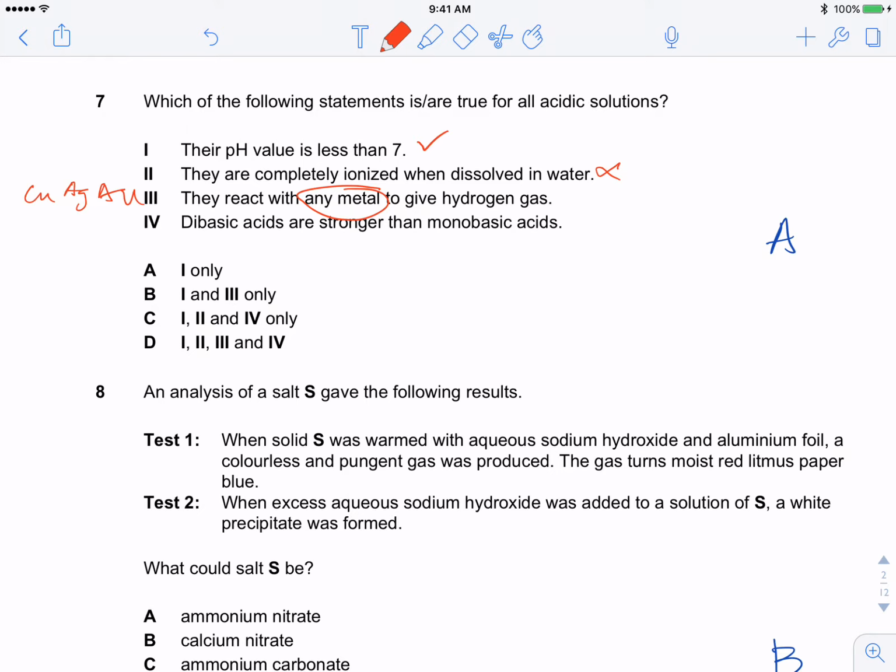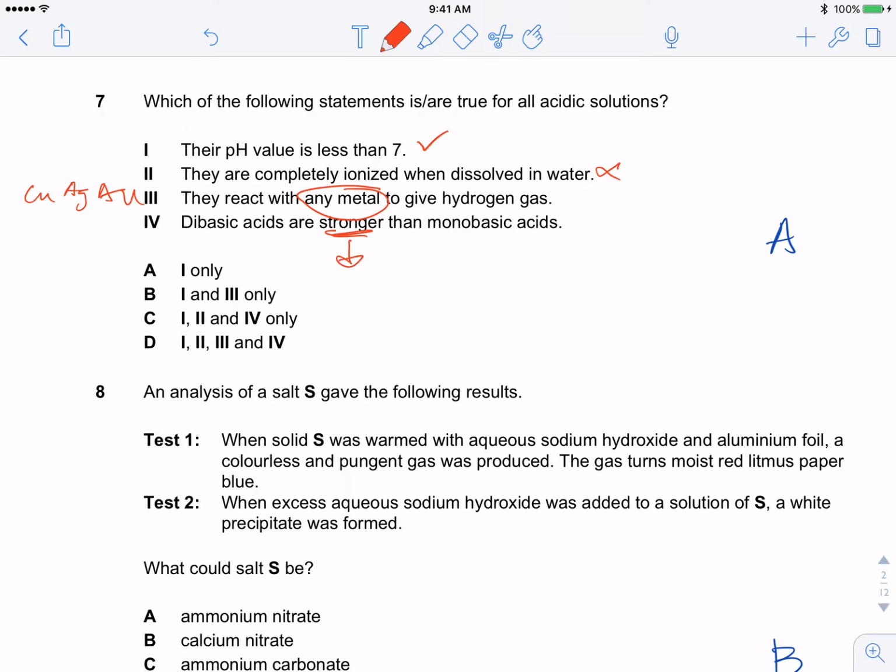4. Dibasic acids are stronger than monobasic acids. Now, the basicity of the acid does not affect the strength of the acid. Okay, again, the basicity of an acid does not affect the strength of an acid.